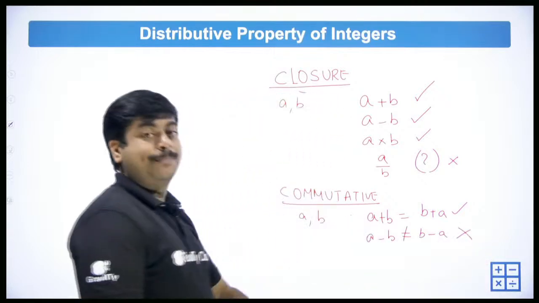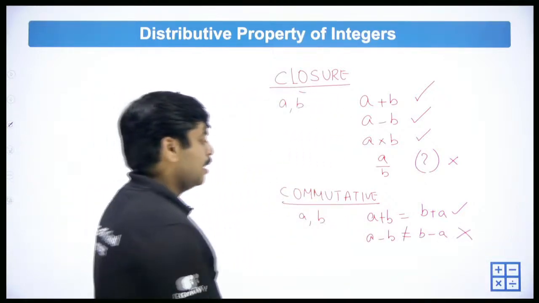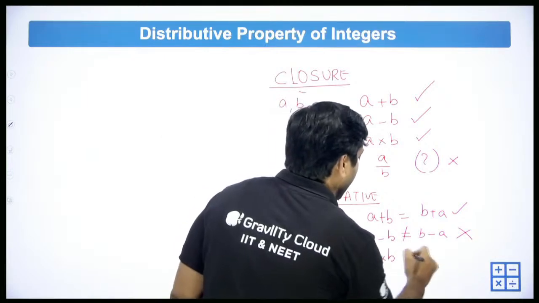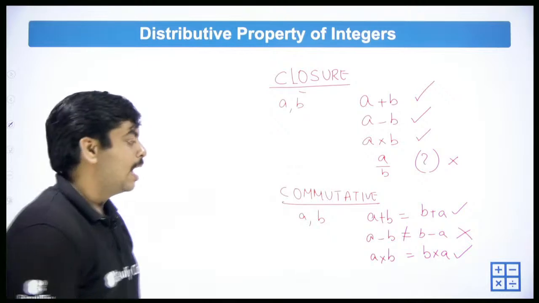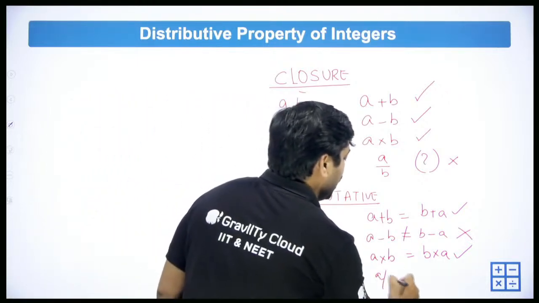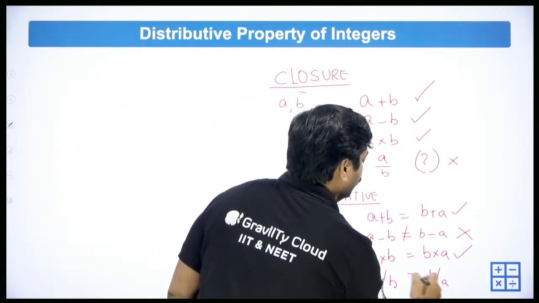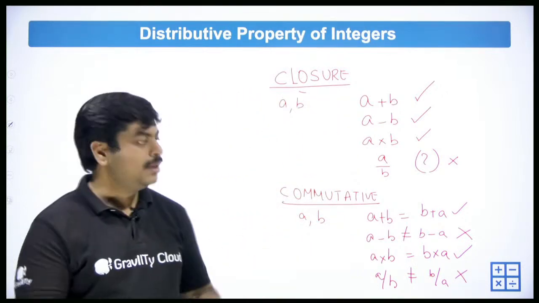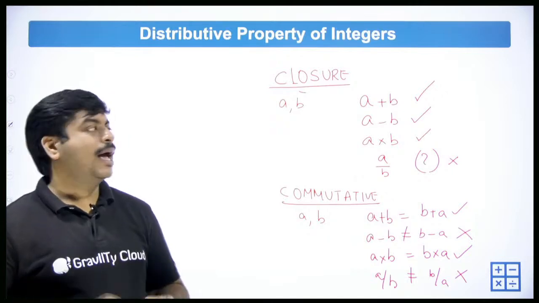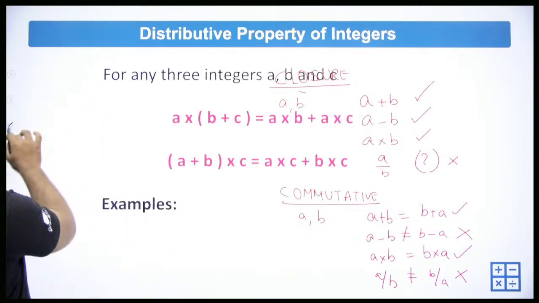So subtraction is not valid for commutative. A into B and B into A are equal, so for multiplication it is correct, and A divided by B and B divided by A are not the same, so for division commutative is not valid, right? So all this we have discussed.